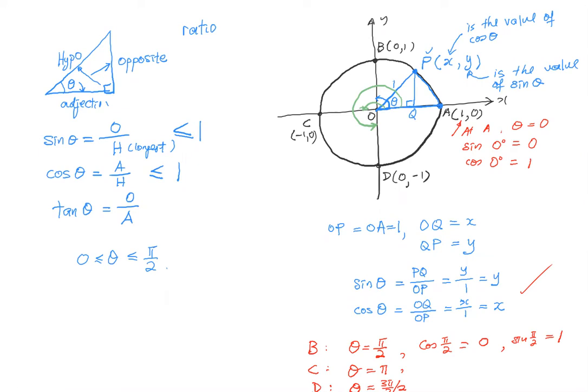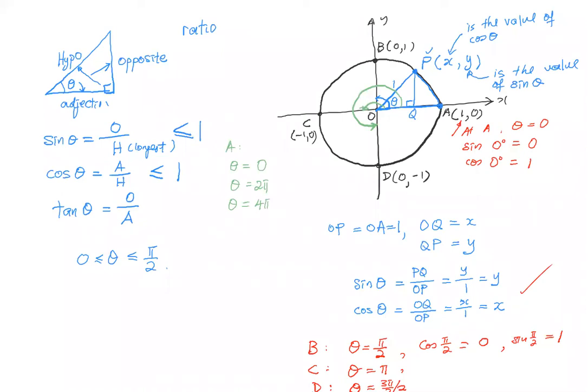So that is called trigo. Trigo is sinusoidal. It keeps repeating itself. If I go back to point A again, the angle theta at point A can be taken as 0, or 2 pi, then another round, 4 pi.